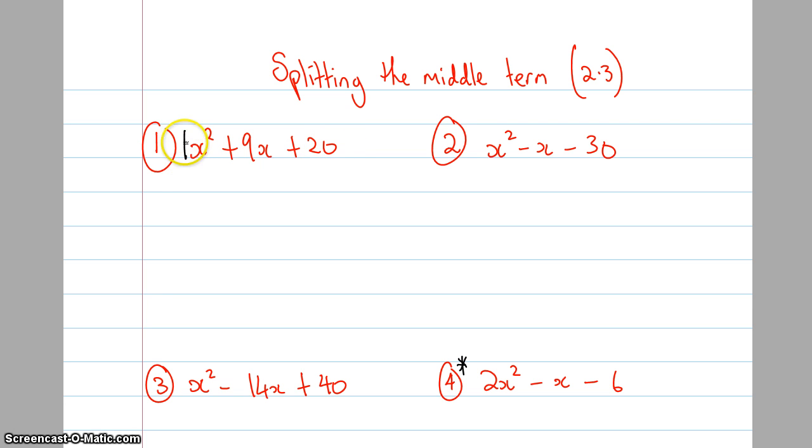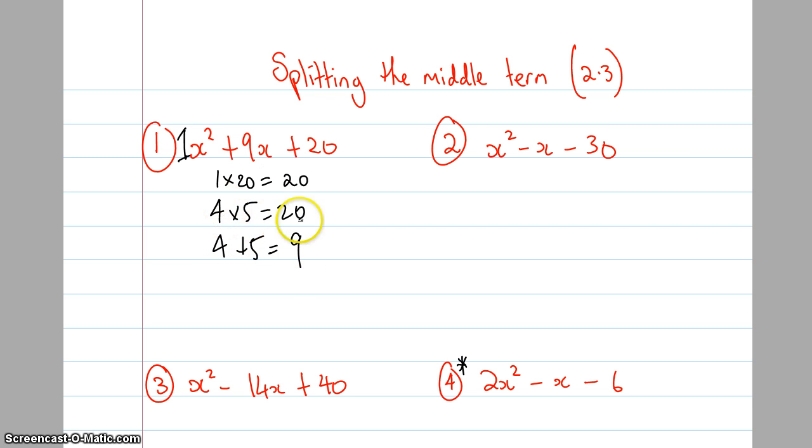So in this case, there's a 1 there, and I'm going to do 1 times 20 equals 20. Then I'm going to think of two numbers that multiply to get to 20 and add to get to 9. So I'm thinking of, say, 4 times 5 equals 20, and 4 plus 5 equals 9.